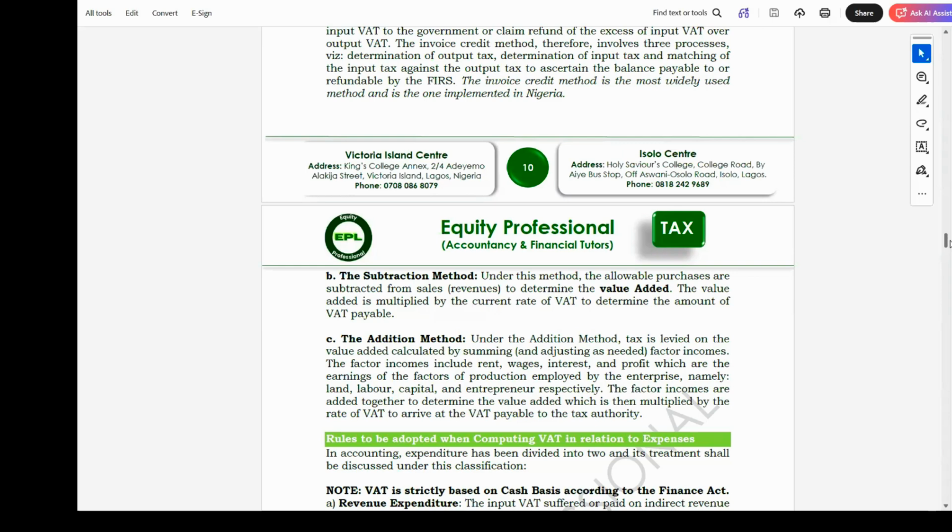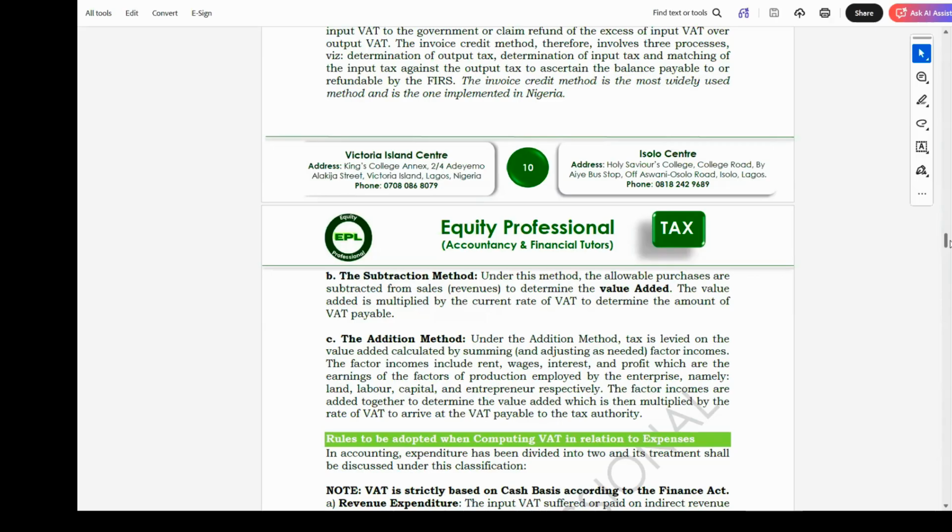All these four factors of production, the rewards you get from them will be added together to arrive at the value added, which the VAT rate will be applied on to get the value added tax. Note that these two methods, subtraction and addition, are not implemented or adopted in Nigeria.